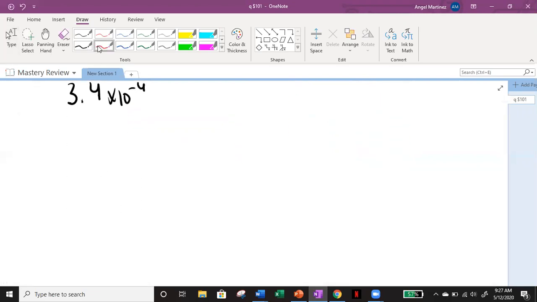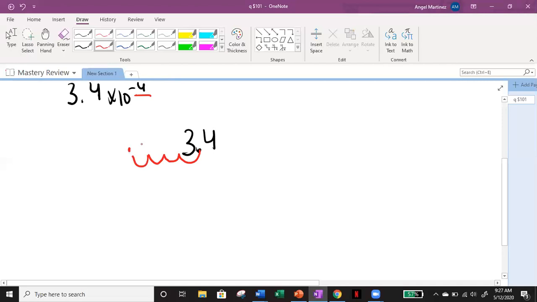So you do a similar thing. You start at the exponent, right here, and this time for a negative exponent, you go backwards. We're going to go back 4 times: 1, 2, 3, 4. Put that here and just add those zeros. So our final answer when we convert this is 0.00034. That's it.